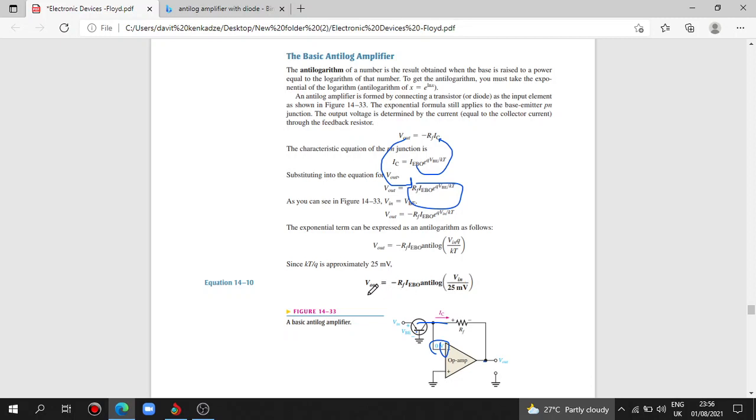Okay, this is the anti-logarithmic formula.